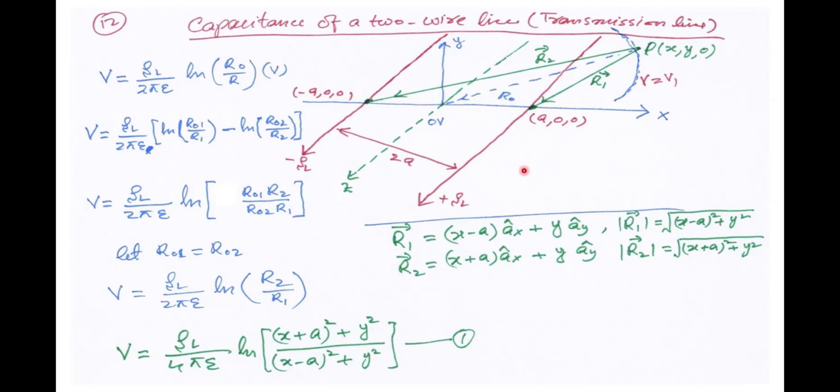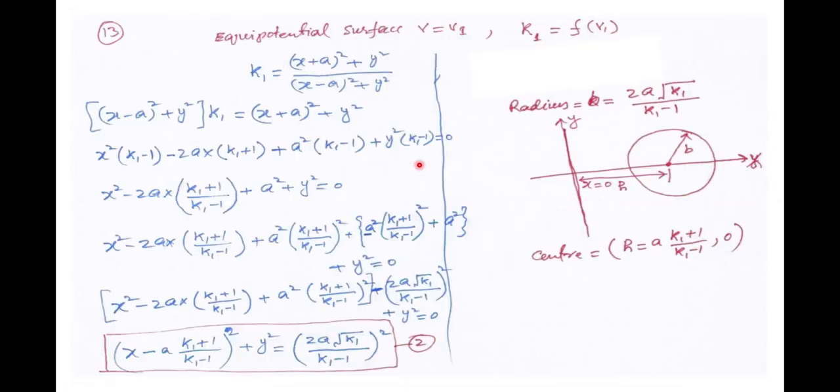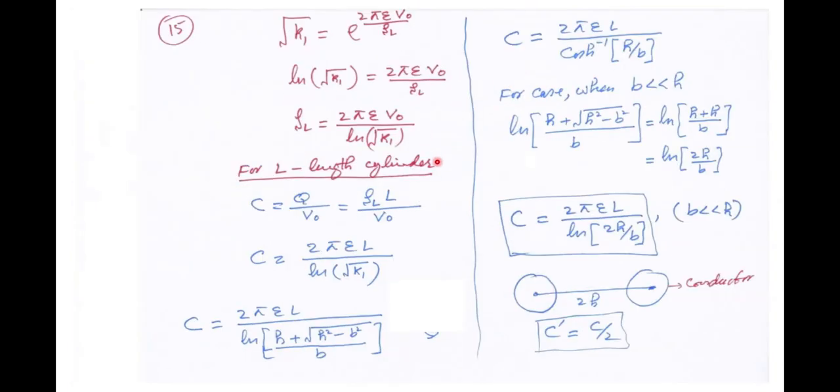Then we replaced the line charges by equipotential surfaces of cylindrical shapes having radius b, and the distance between the axes of the cylindrical shapes is 2a, or this is equal to 2 times h. For that structure, we then use the image theory, and finally we come to this expression, that is 2 pi epsilon L divided by ln 2h divided by b.